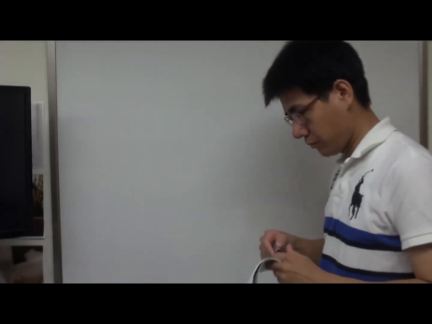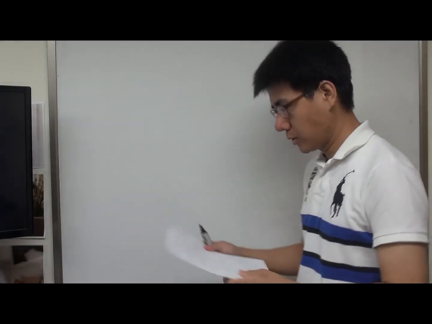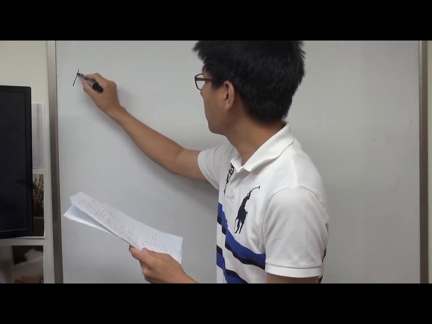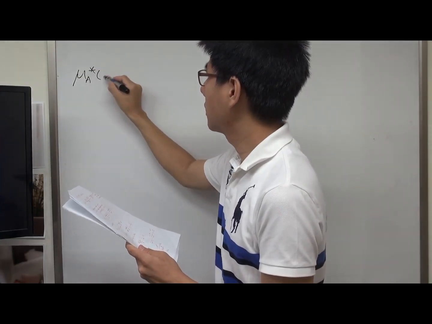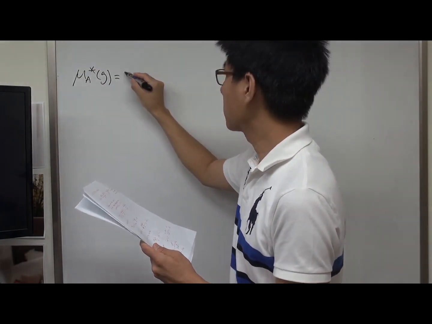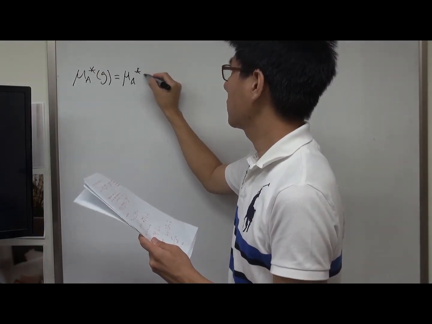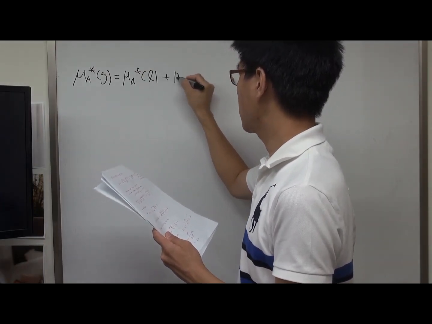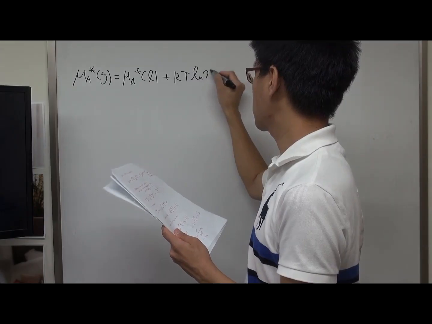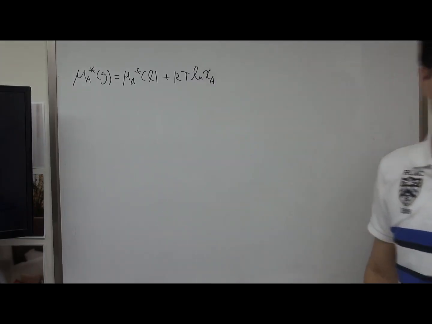Alright, so you have mu A star G is equal to mu A star L plus RT ln XA. You start from here.